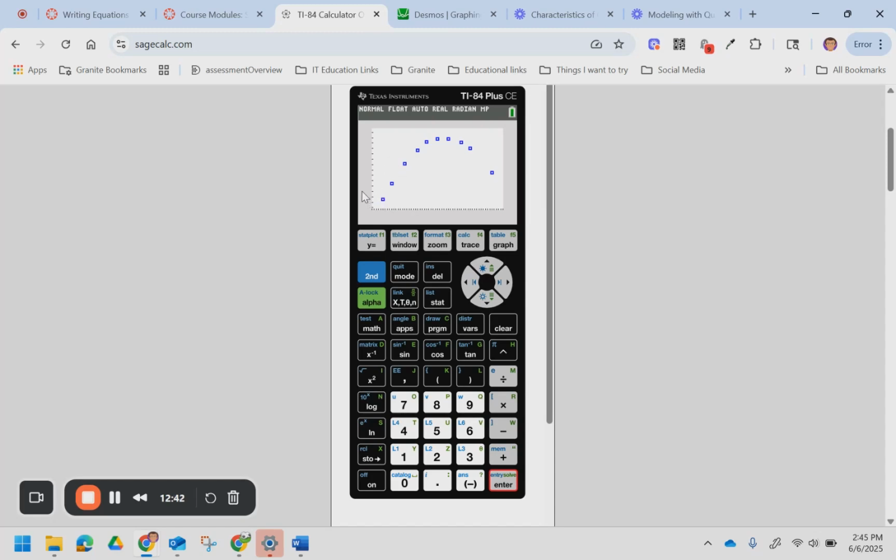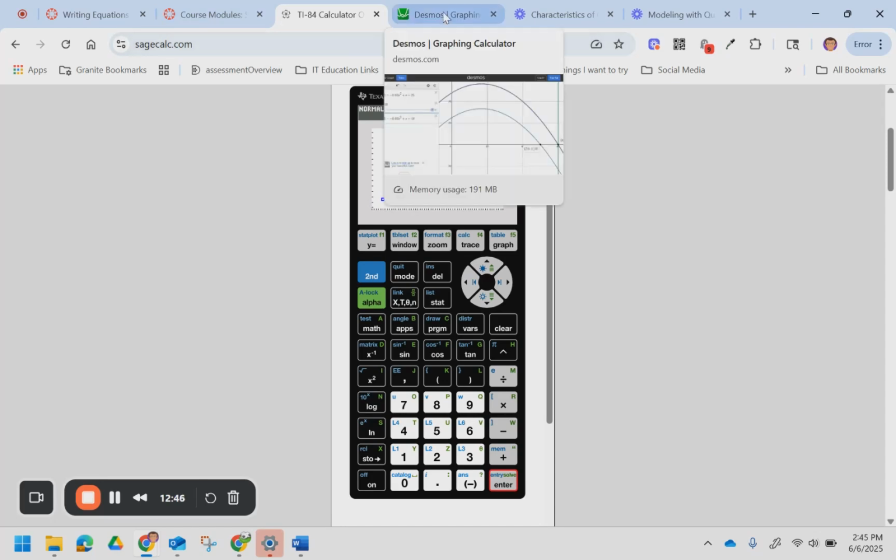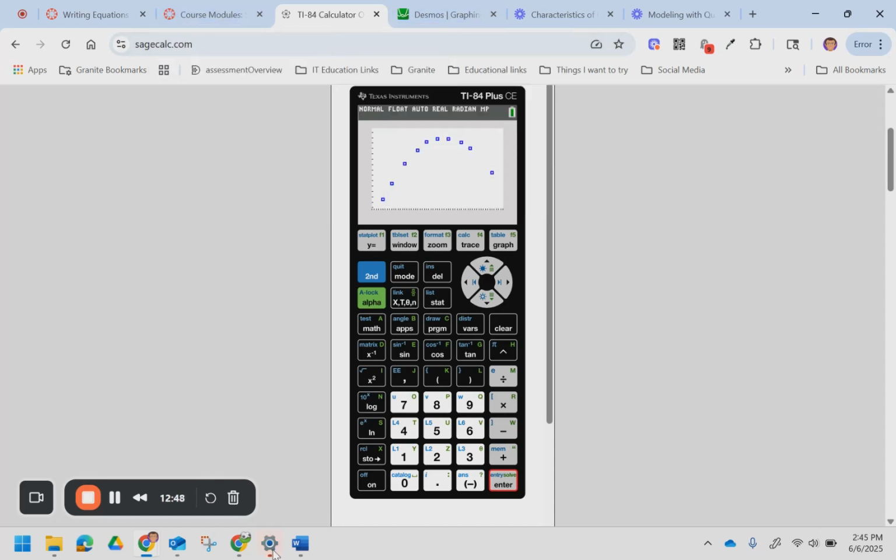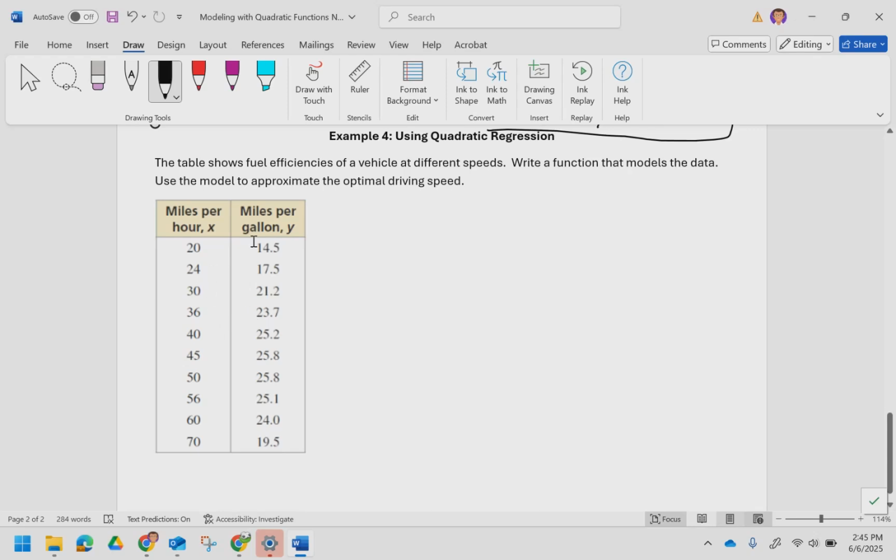It's not exact. So if we were to try and find the second differences of these, we would find that we are not getting constant values, and in fact, it would be hard to find the second differences because our miles per hour were not given in consistent intervals.